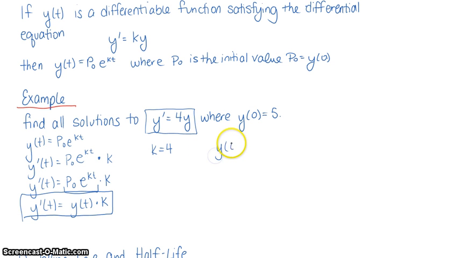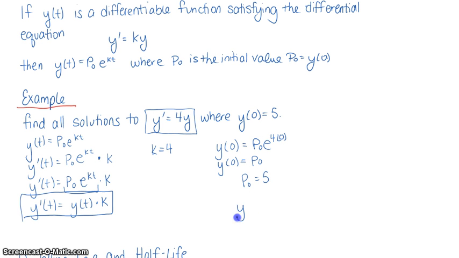So we want y of 0 to equal my initial amount, P0, which we don't know yet, multiplied by e to the 4t, and in this case t is 0 that we're plugging in. So y of 0 is going to equal P0 and then e to the 4 times 0 is e to the 0, so that becomes 1. E to anything to the power of 0 is 1. So we know that the initial amount is going to be 5.